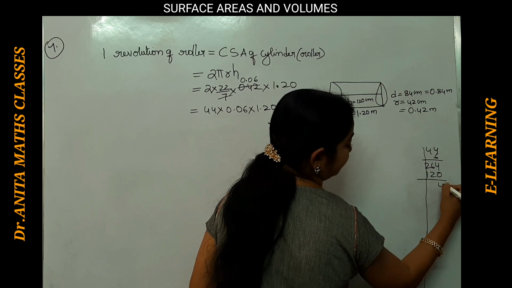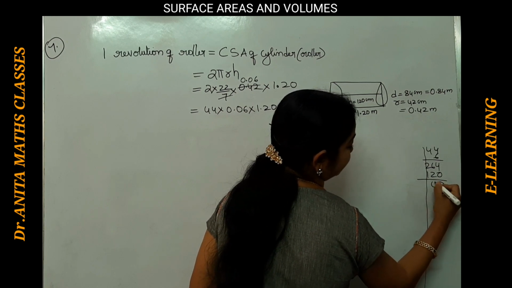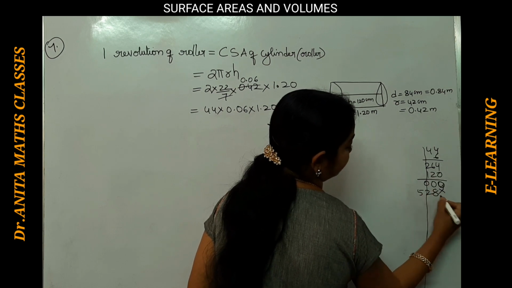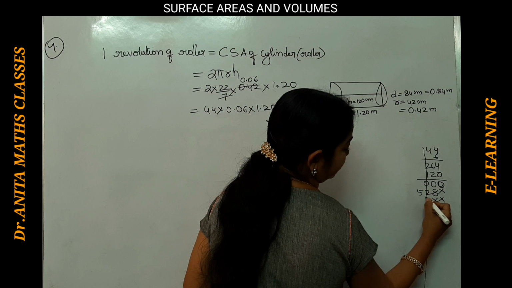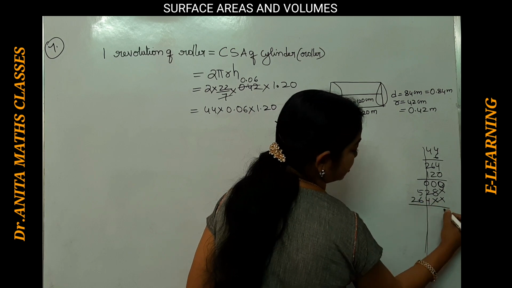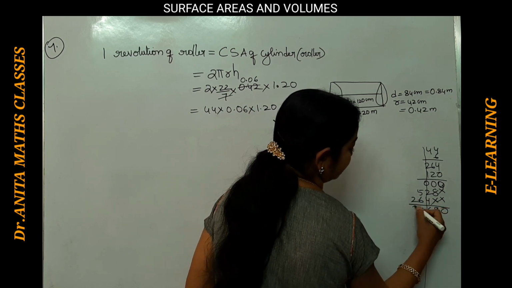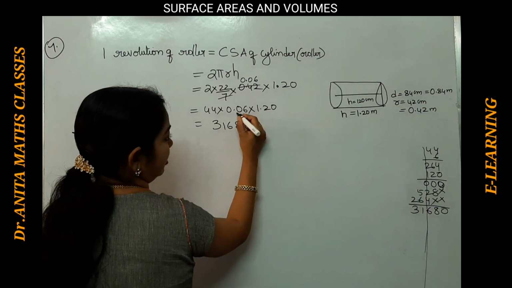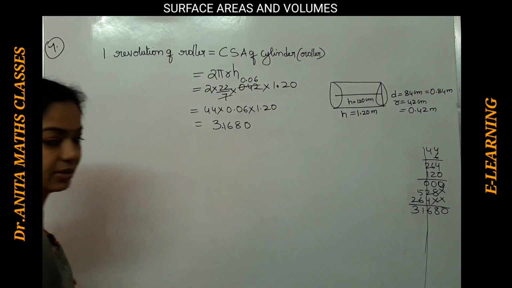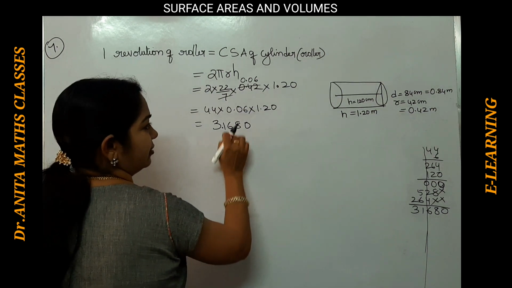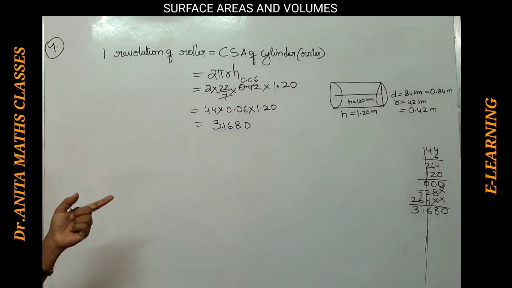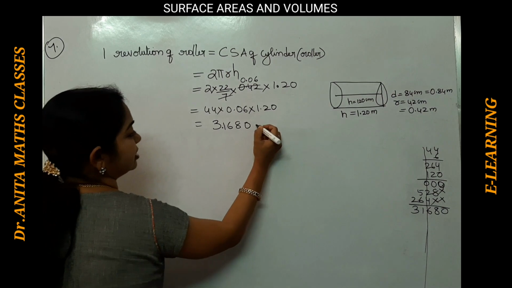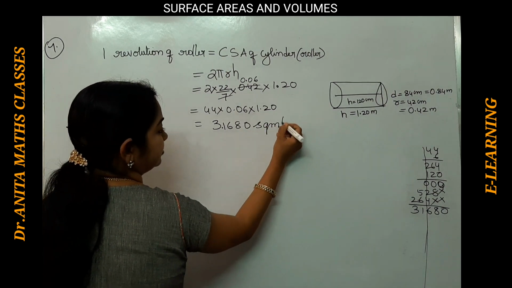The same digits as before, 3168, but with the decimal point placed after 4 digits because we converted centimeters into meters. So this is in square meters.